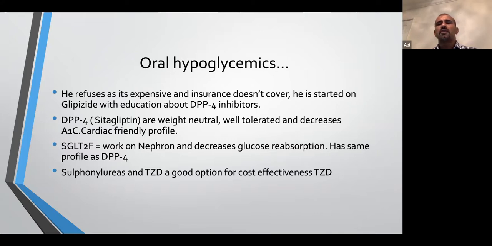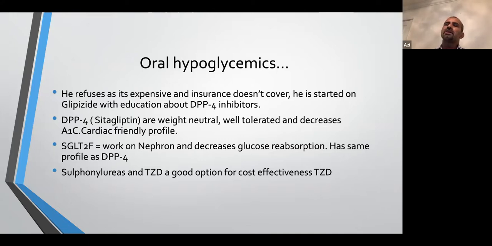The DPP-4 option is also proven to reduce ASCVD risk, so it has a cardiac friendly profile. The third agent is SGLT2, which prevents the reabsorption of glucose from nephrons. And the other options are sulfonylureas and TZD. So now we have these few agents which are most commonly used.